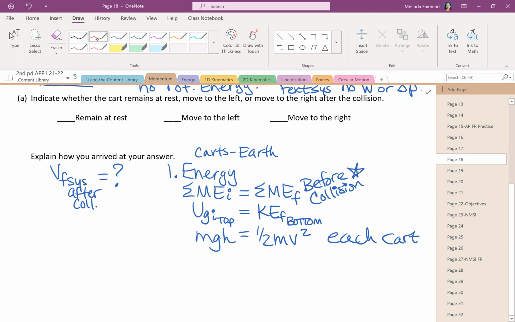MA on one side, MA on the other, MB on one side, MB on the other. Masses can cancel. This equation is going to apply to both, and so it's not dependent on the mass, at least for going down the ramp.